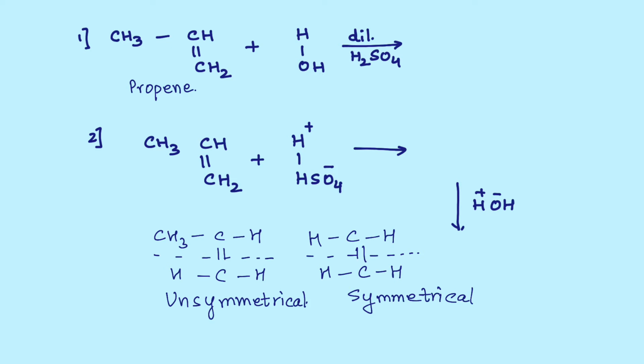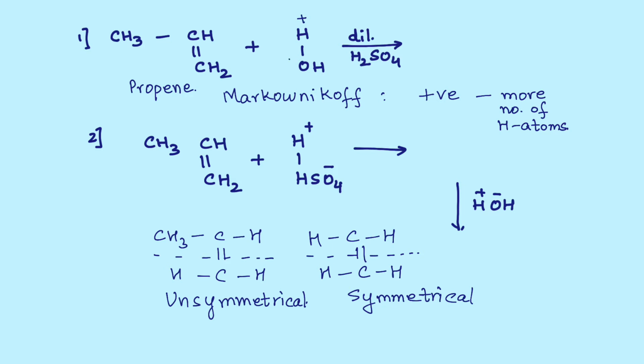What does Markovnikov rule say? The positive part of the adding reagent goes to the carbon bearing more number of hydrogen atoms in an unsaturated carbon. Again, as I said, this is a topic more related to alkenes.